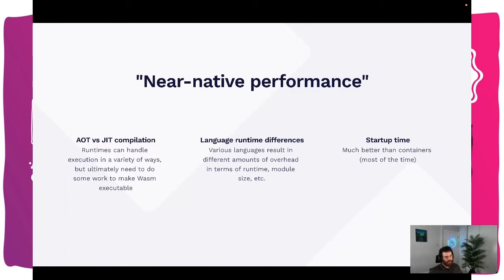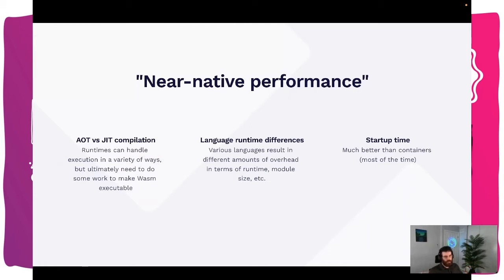So consider ahead of time compilation, where the execution begins. The WebAssembly runtime will take the entirety of your WebAssembly module and compile it to machine code before beginning to actually execute the code, compared to just-in-time compilation, where pieces of the WebAssembly code will be compiled as they are needed, which is somewhat more similar to how JavaScript is usually compiled in a web browser, for example. So ahead of time compilation will often give you better performance for programs that are running for long periods of time.